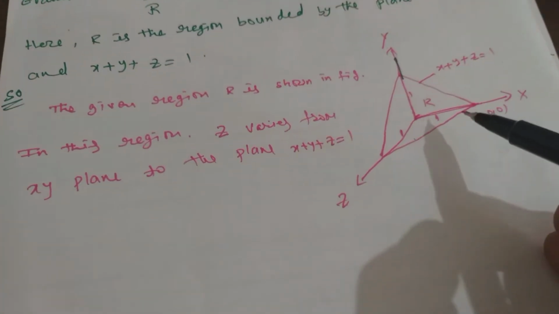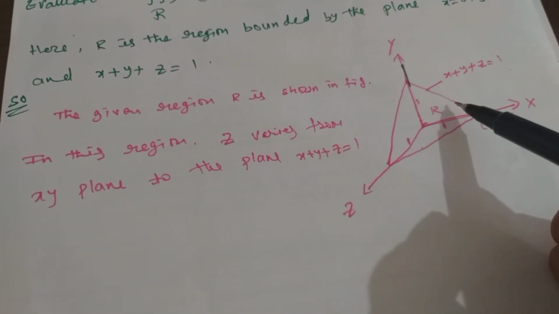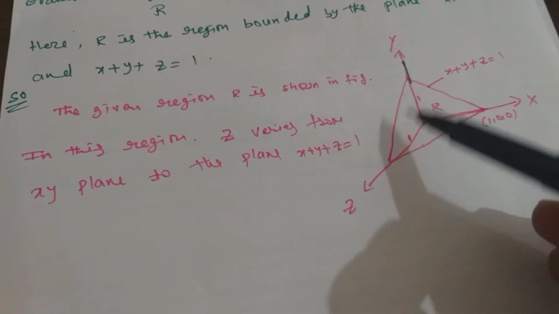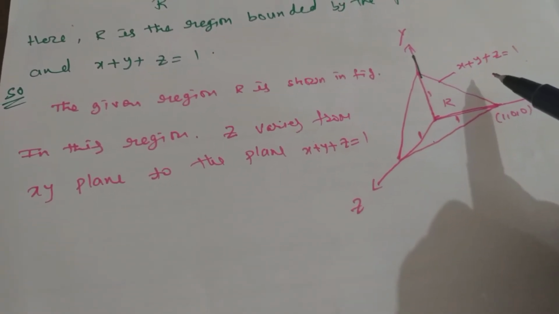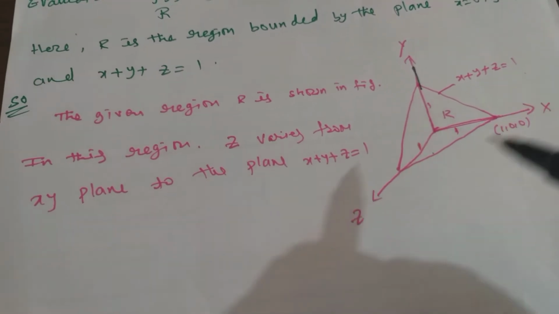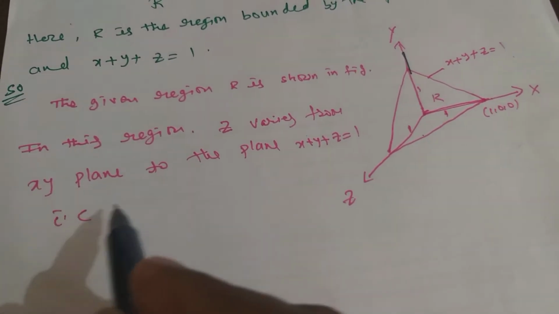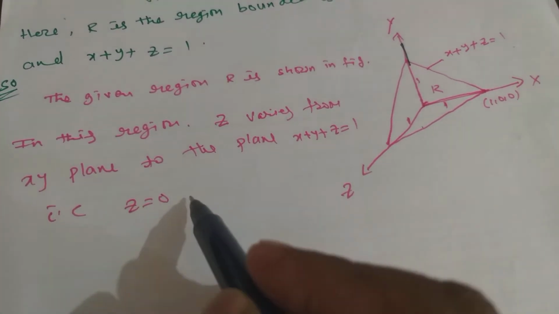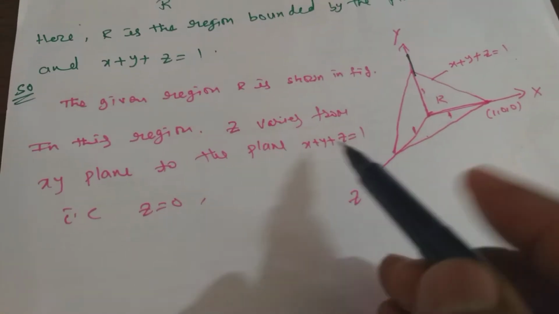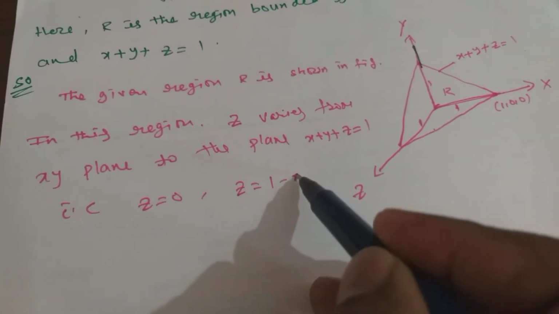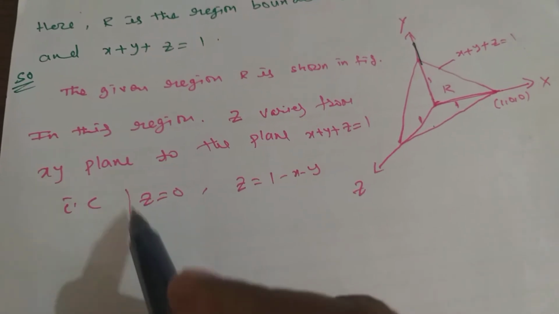So z varies from the xy plane to this plane. In the xy plane z is 0, and from this plane z is 1 minus x minus y. So these are the limits of z.